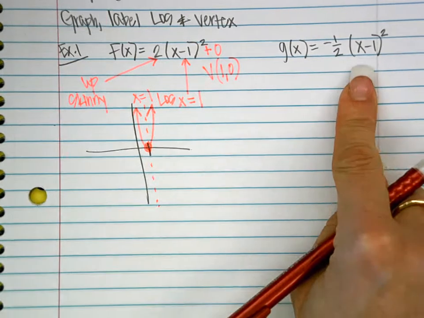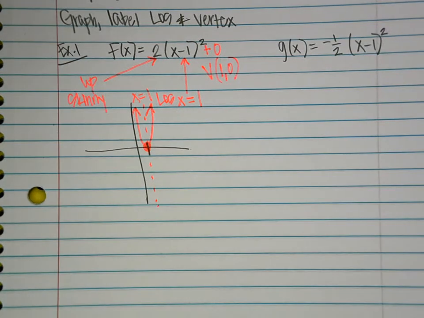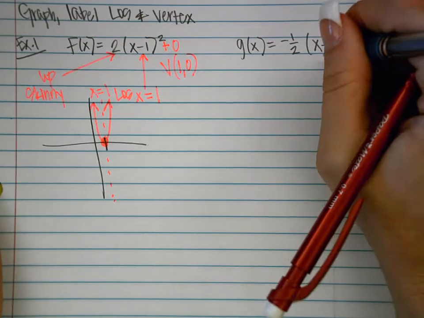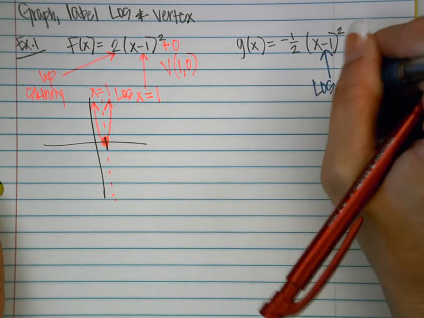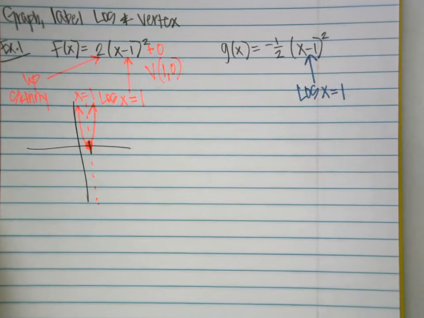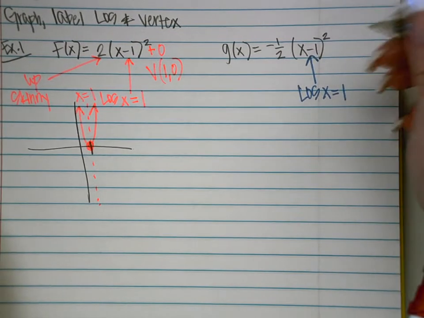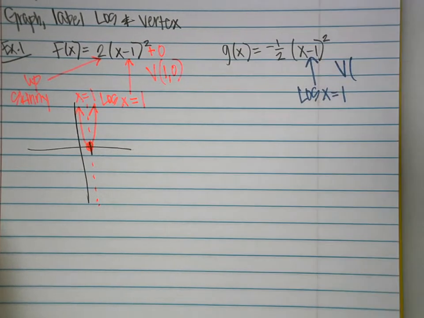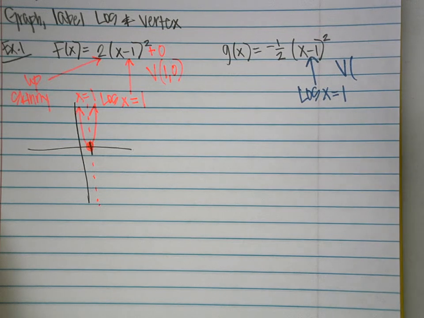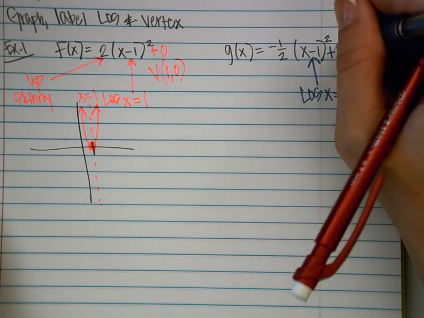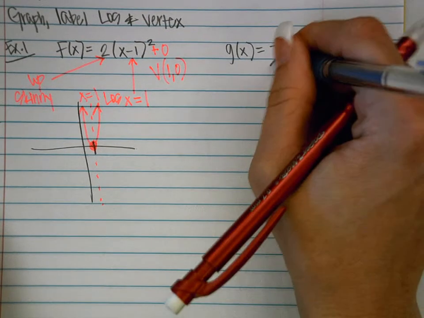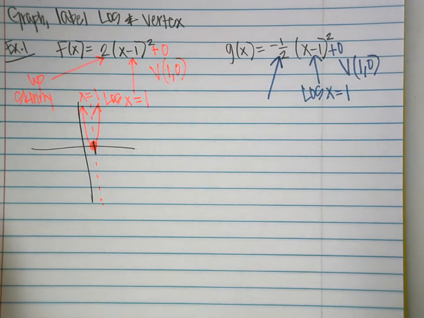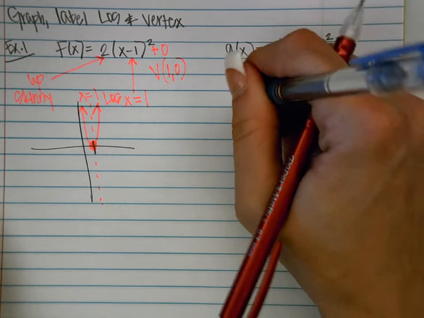Now we're going to do the same thing with the second equation. How do you find the line of symmetry? It's x equals 1. Remember, it always has to be an x equals equation. What's your vertex? 1 comma 0, because there's nothing at the end. What does this number in front tell you? Is it opening up or down? Down.